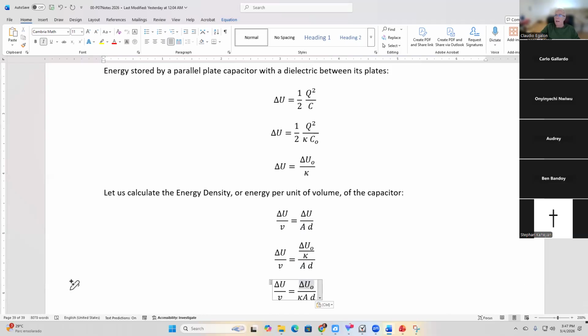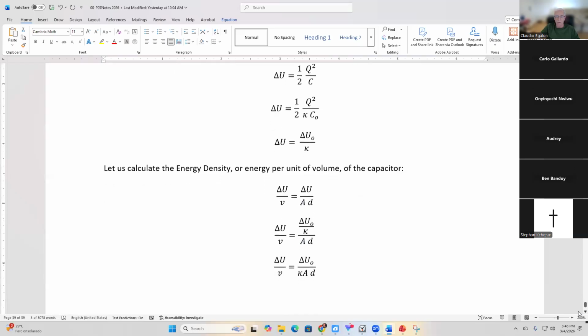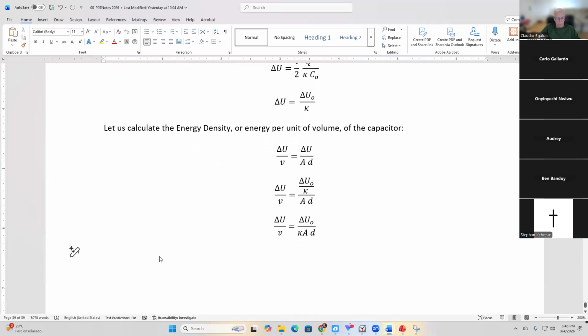Delta U naught is this value here, so I will place it right here at the top.